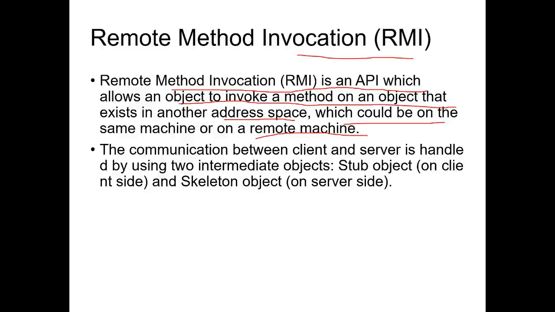It is an interface through which it will allow one object to connect with another object, whether it is on the same machine or on a remote machine. The communication between client and server is handled by using two intermediate objects, the stub, which is at the client side, and the skeleton object, which is on the server side.